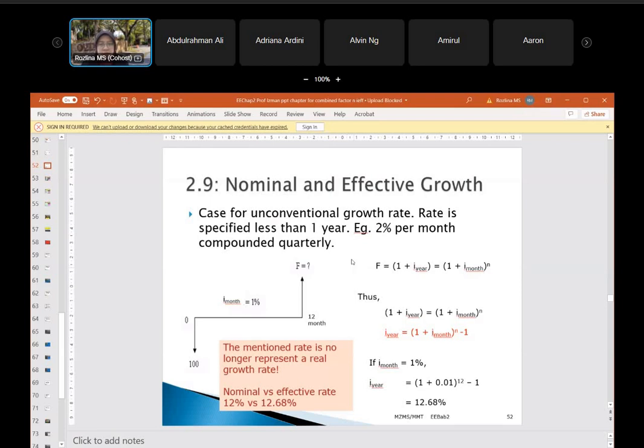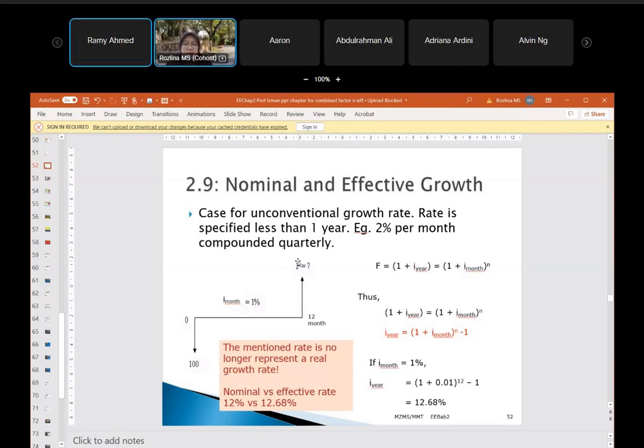Let's say here, we want to find out F. What is F? F stands for what?